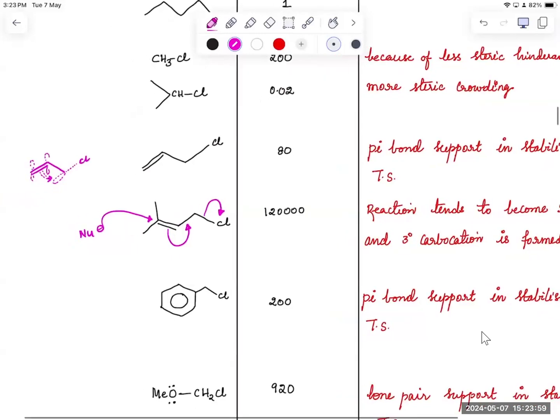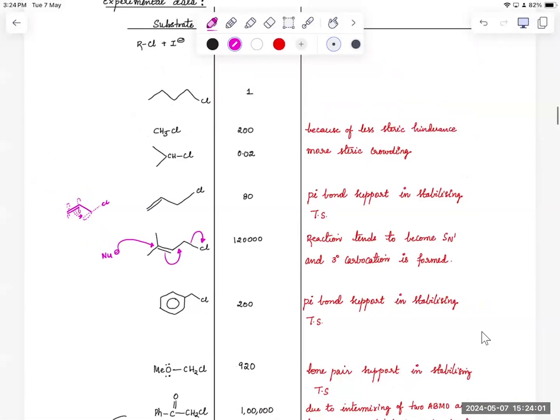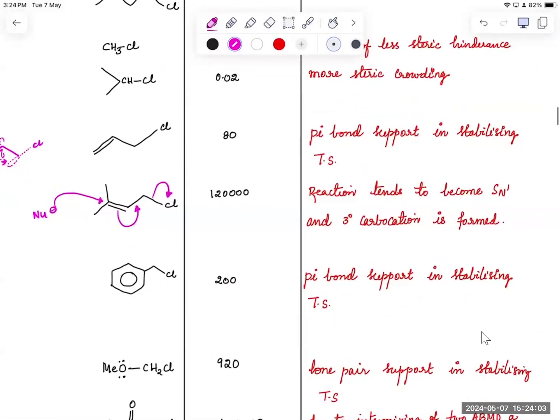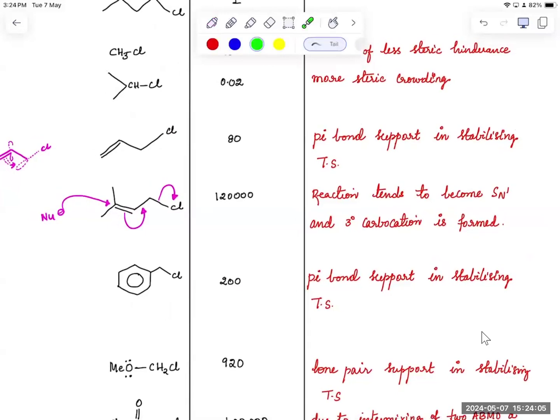This kind of attack will always make it very strongly reactive. This reaction becomes more SN1 type and a tertiary carbocation is formed in most cases. But if the nucleophile is very strong, it will attack from this end and Cl minus will be relieved here, everybody.